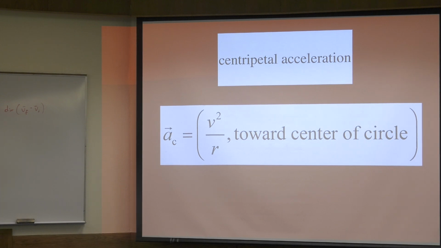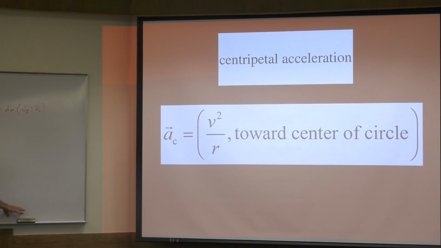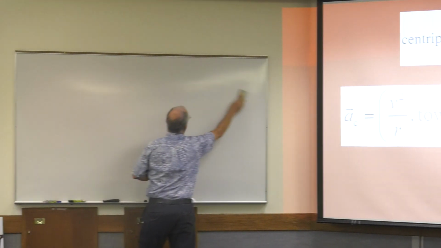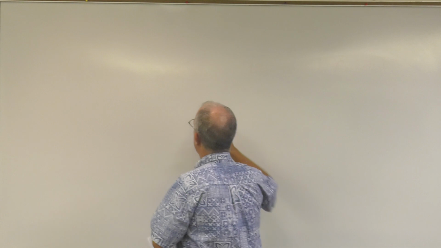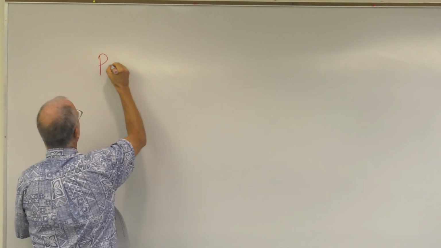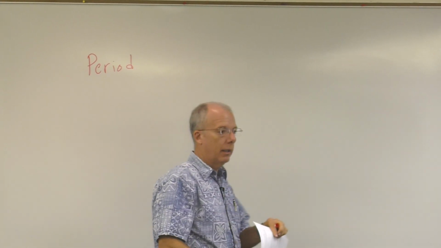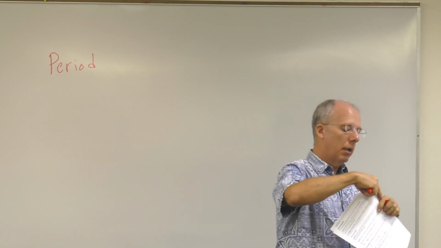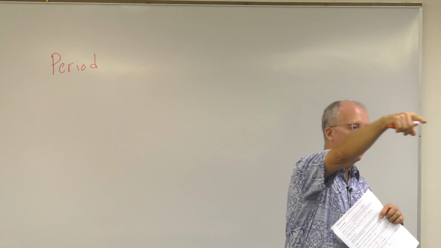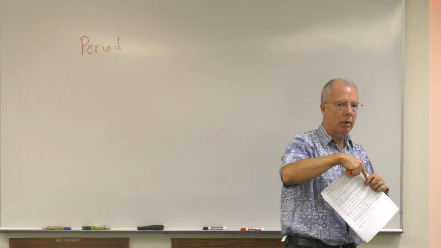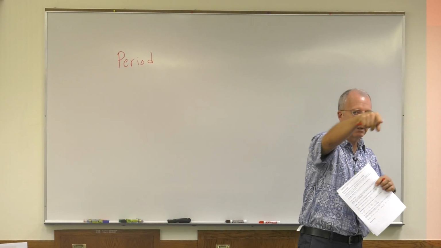All right. Some other terms for you. What is the period? So let's say we're talking about a planet orbiting a star. So the period is the time for one orbit.